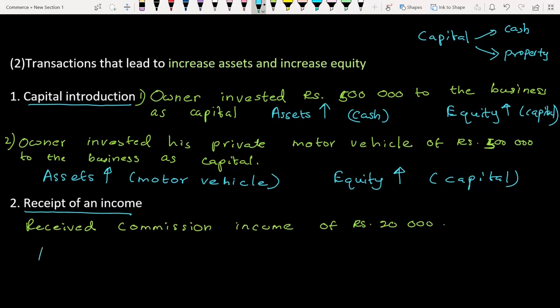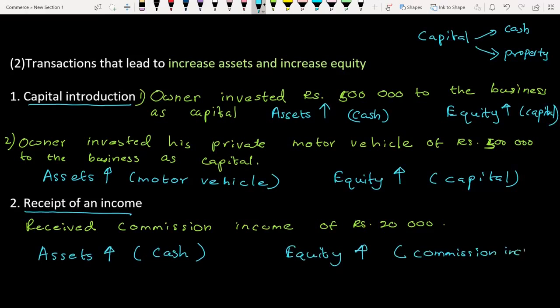Again, assets of the business increase because the business receives cash as the income. Then on the other hand, equity of the business increase because of this particular income.